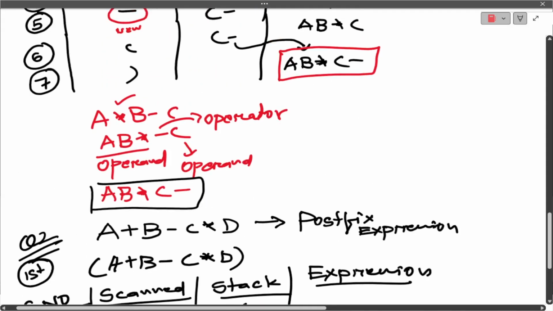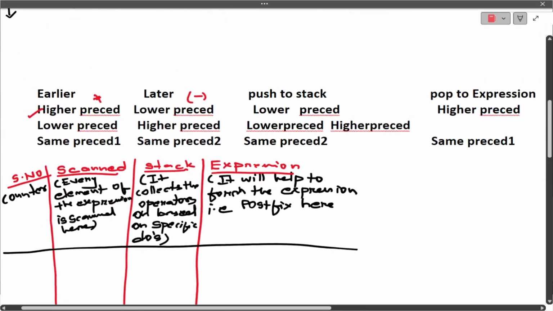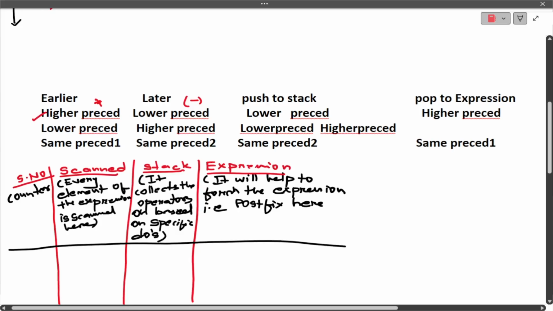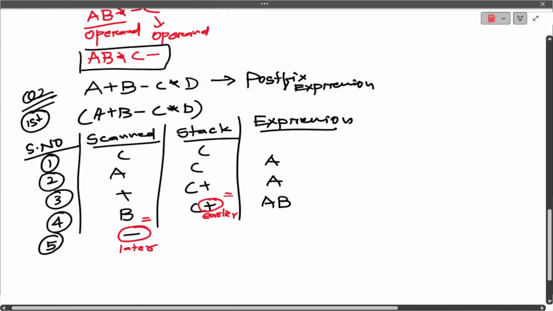Here we have the third case, where we have the same precedence, both earlier and later. Just observe what I have written in the push to stack column. Here it says same precedence, meaning whichever is the later one will be pushed to the stack, and the earlier one, of the same precedence, is popped to the expression.